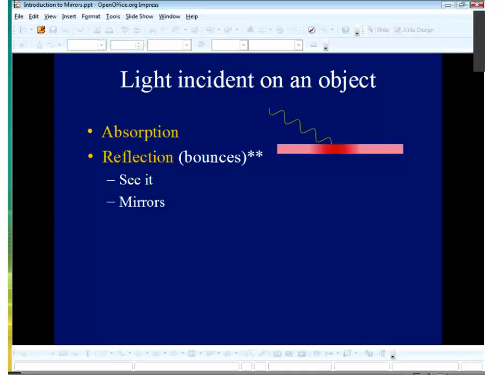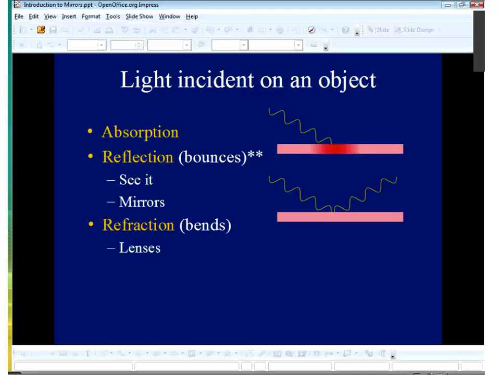In this topic we'll be talking first about mirrors. In mirrors you will have plane, you will have curved mirrors, and one universal law that would work is that angle of incidence is equal to angle of reflection.